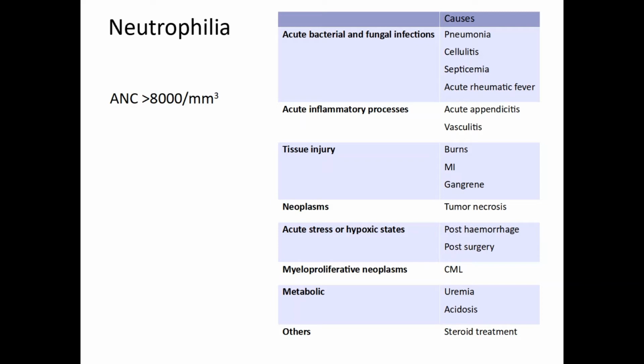Certain neoplasms, when the tumor cells die off, can cause increase in neutrophil count. There are some other causes like after an incident of bleeding or after surgery. Some other tumors like chronic myeloid leukemia can give rise to very high neutrophil count. Metabolic causes such as uremia and acidosis. And finally, patients who receive steroid treatment, in them you can see an increase in neutrophil count.